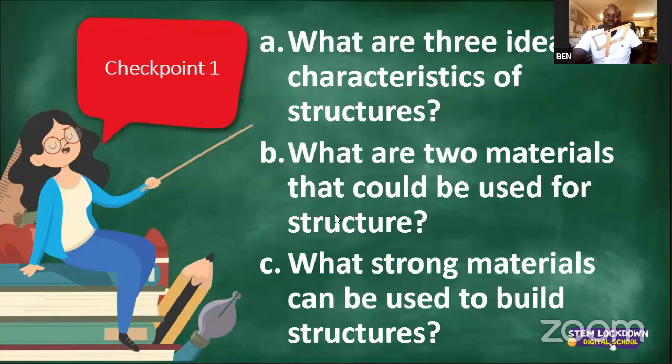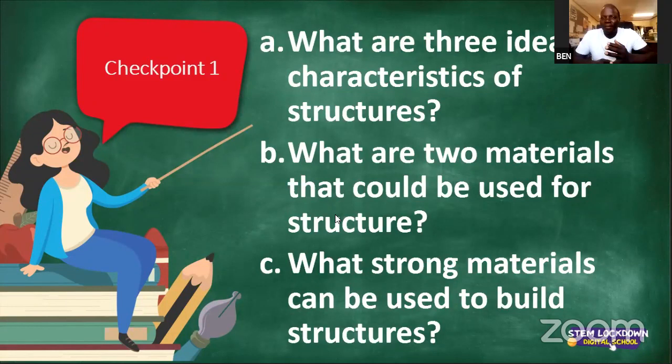Zano, Willow, Dylan, Zo, Husani, anybody give me the answer? Yes? Any one of you? The structures are strong and they are weak. Okay, structures need to be strong, right?